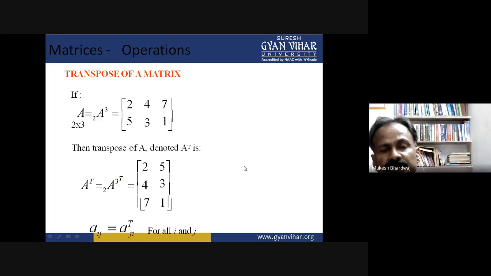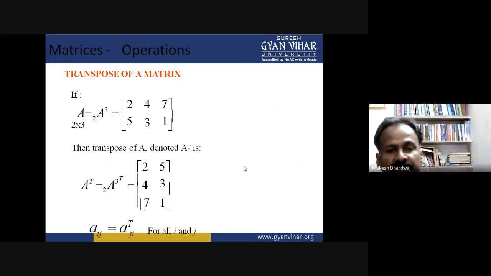Now, transpose of a matrix. In general, we can correlate the word transpose with reciprocation or reciprocal. Take a matrix A of order 2 by 3 with elements 2, 4, 7, 5, 3, 1.